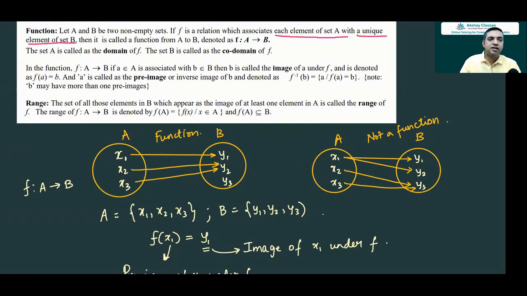So here I have given this example, but here it is said like that. If a belonging to set A is associated with b belonging to set B, then b is called the image of a under F and is denoted as F of a equal to b, and a is called the pre-image or inverse image of b, denoted as F inverse of b is equal to a, such that F of a is equal to b.